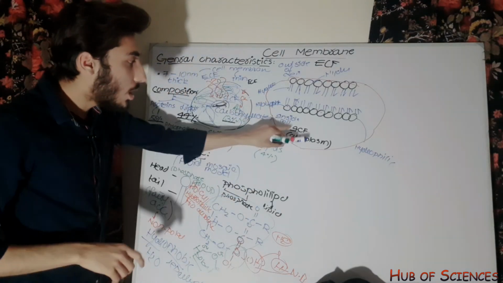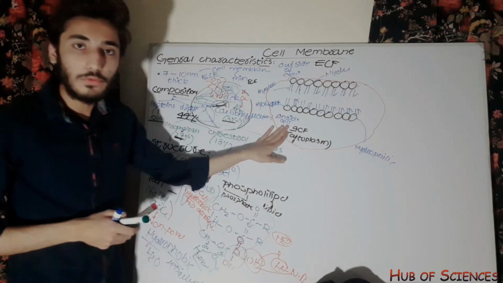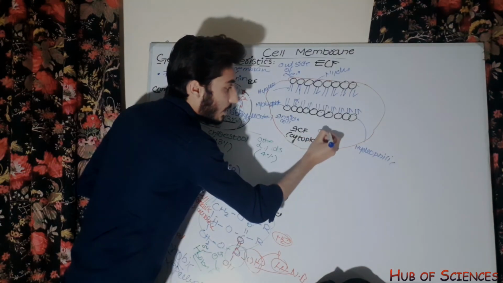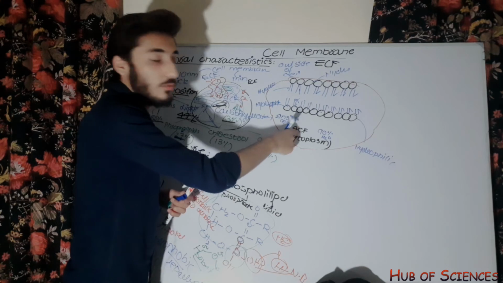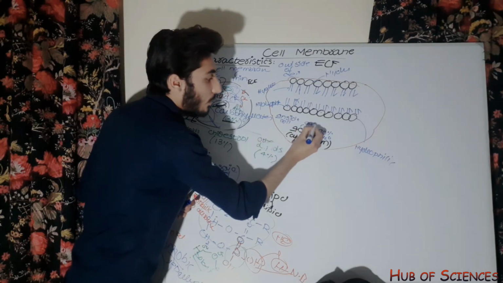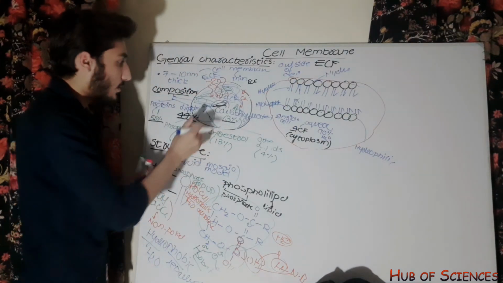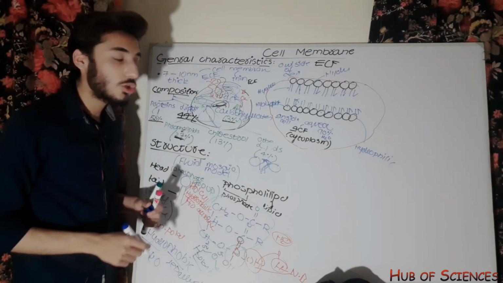As we know, the intracellular fluid, the cytoplasm, contains 90% water. So the ICF, or intracellular fluid, is the aqueous environment in which the water is present, whereas the ECF also contains, as we discussed, this is one cell, this is the other cell, and then there is a fluid present, the interstitial fluid.